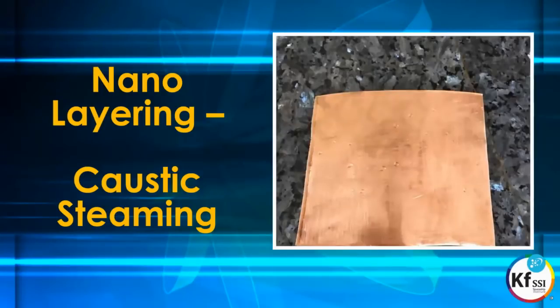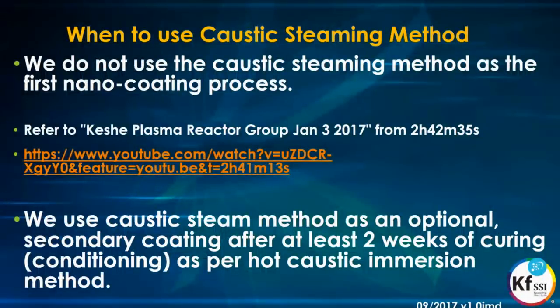Right, so this method is the caustic steaming method. First of all, we'll just have a look at when to use this method. We don't use this method as our first nanocoating process.